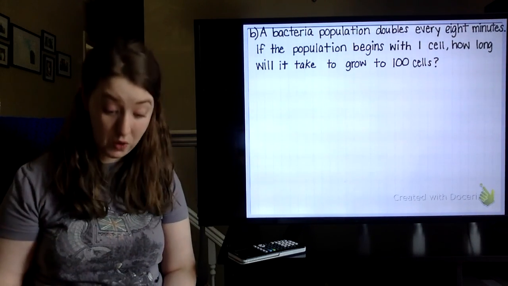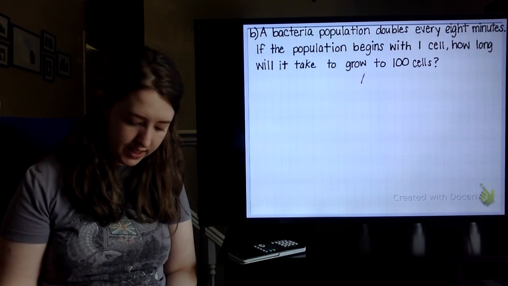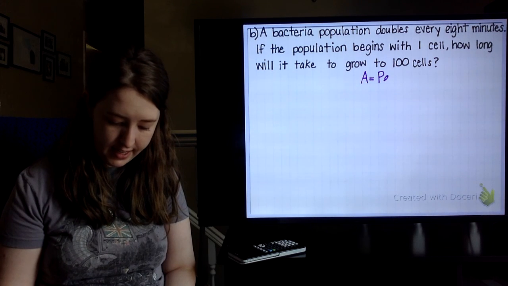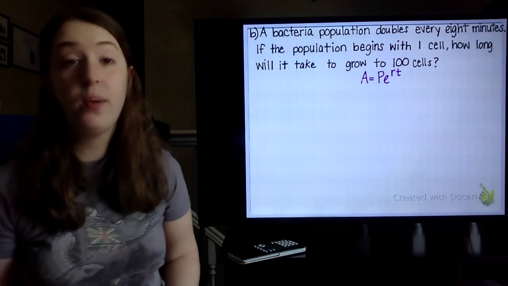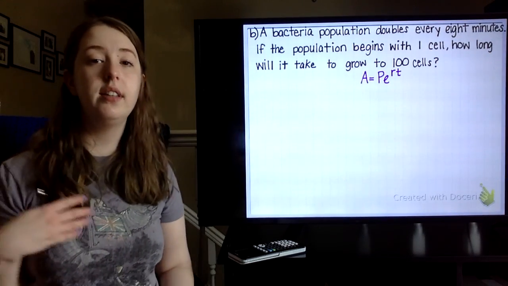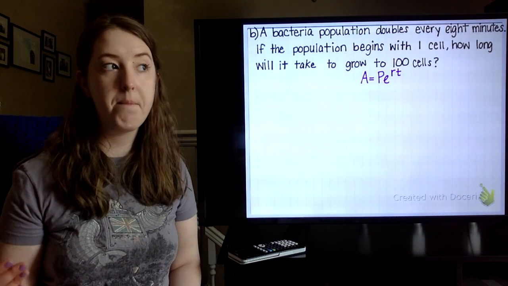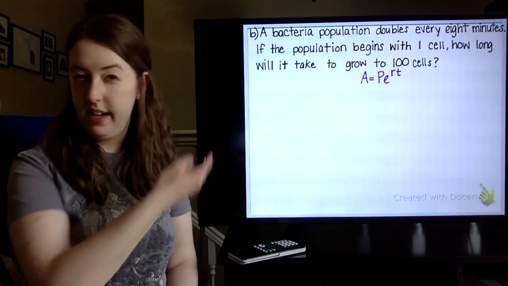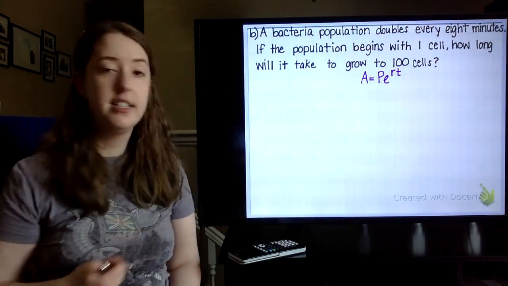It describes our world. So when we're using this, we're going to have to use A equals P e to the rt power. Whenever we're dealing with something natural, like bacteria or population or substances, like here in a minute we're going to have plutonium, you're going to use this guy.